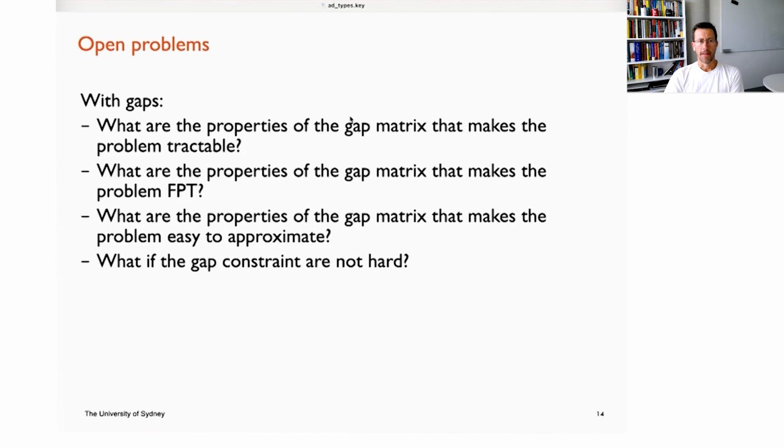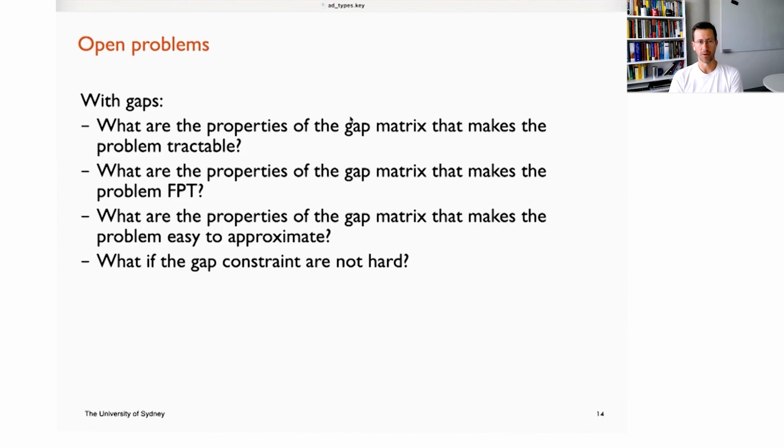Then the interesting bit comes from the case with gaps, and here there are lots of problems. So what are the properties that make this gap matrix a tractable problem, right? So like I said before, if the gap matrix is all uniform, say some number 10, right, for all ad types, then, well, that can be reduced to the case without gaps.